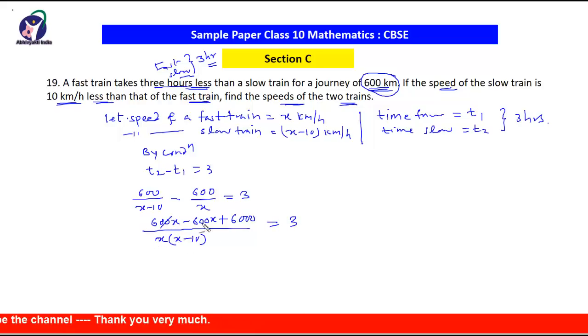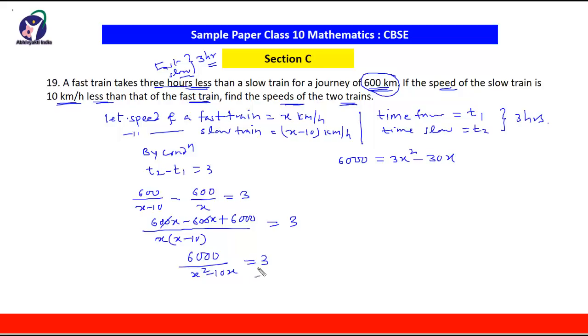So here 600x and 600x will get cancelled and you will get 6000 upon x square minus 10x, which is equal to 3. Now take x square minus 10x to this side, and so further you will get 6000 equal to 3x square minus 30x. So multiply by 3 to both the terms of x square minus 10x.